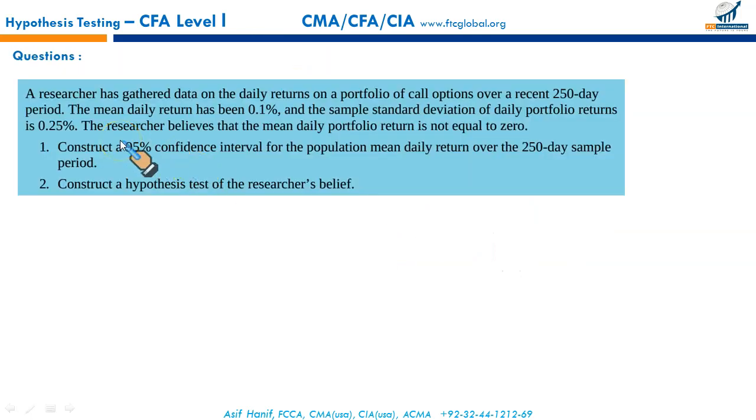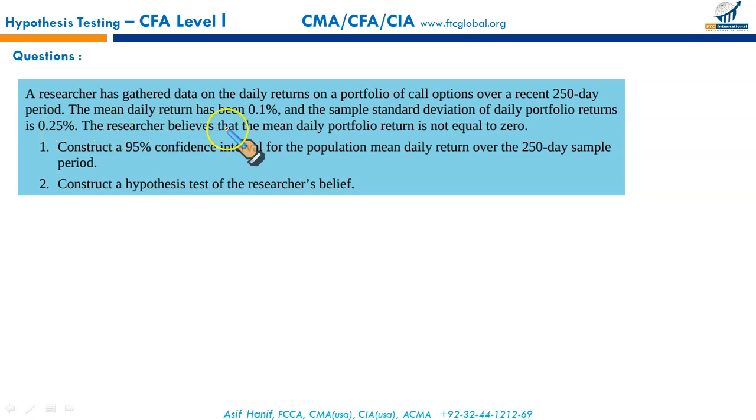Alright, so here's a good question. Whatever we have done so far, let us try to apply in this question, so it will refine whatever we have just done. A researcher has gathered data on daily returns on a portfolio of call options over a recent 250-day period. The mean daily return has been 0.1% and the sample standard deviation of daily portfolio returns is 0.25%.